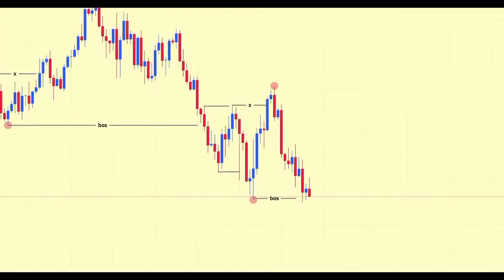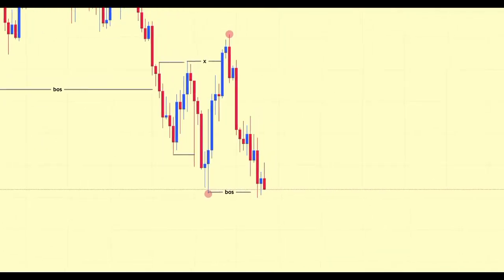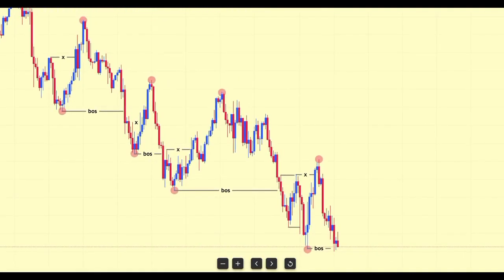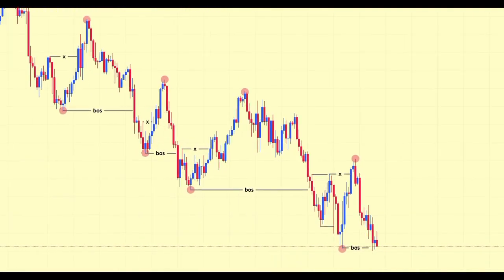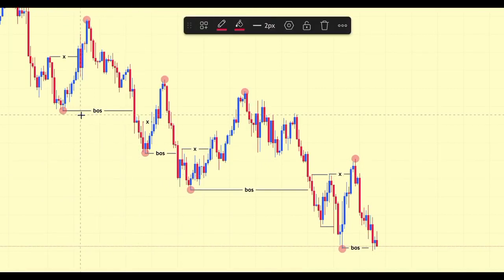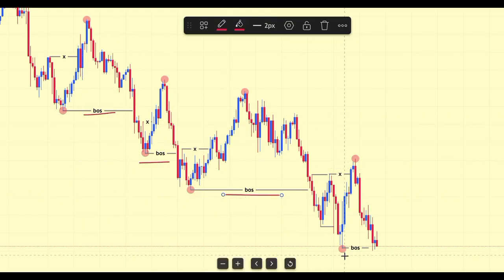And now we are currently in a new trading range. And by the way, these consecutive bearish breaks of structure indicate that the market is in a bearish bias, or we are actually downtrending. The market is in a downtrend.